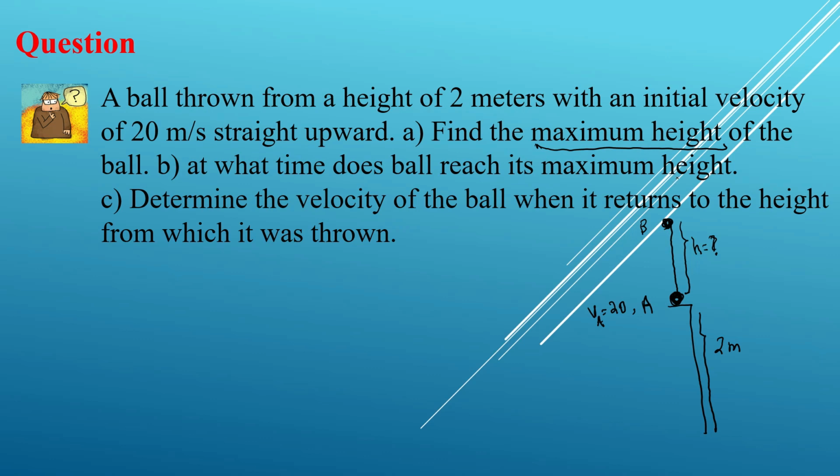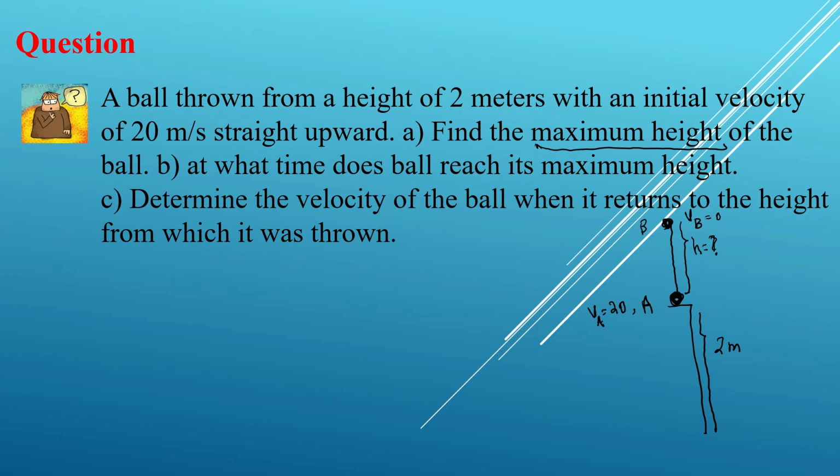So when it says the maximum height, that means VB, the velocity, is gonna be 0, because this is the maximum. When it reaches the maximum, the velocity is gonna be 0, and then the ball is gonna come back to the point it was, or to the floor.